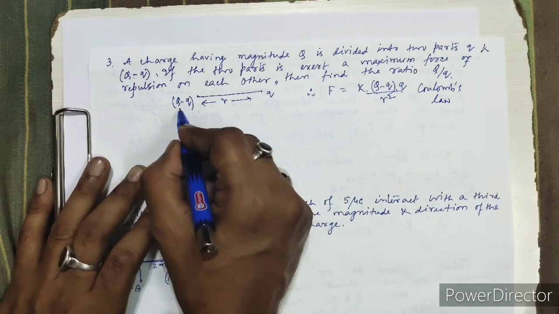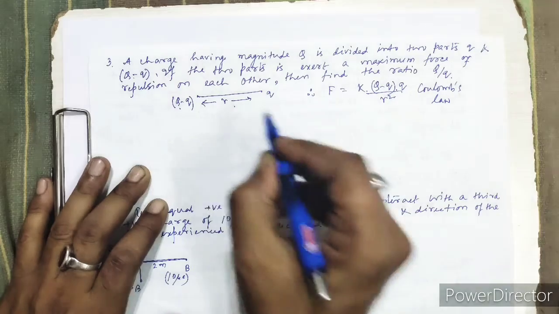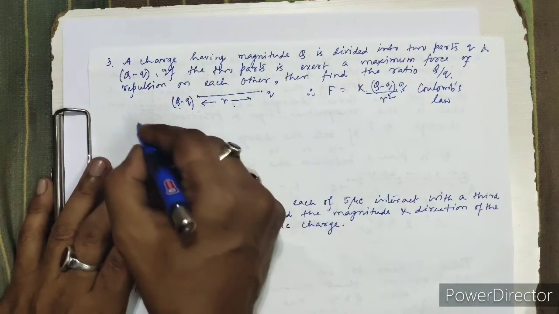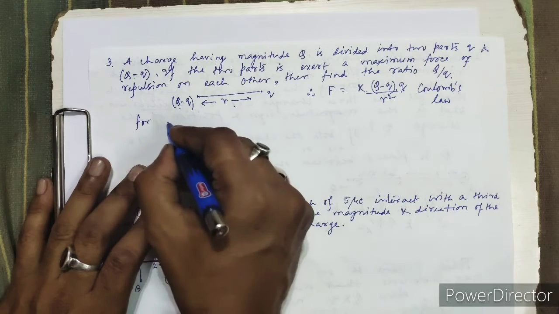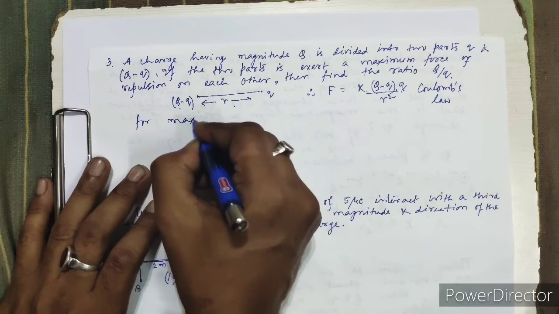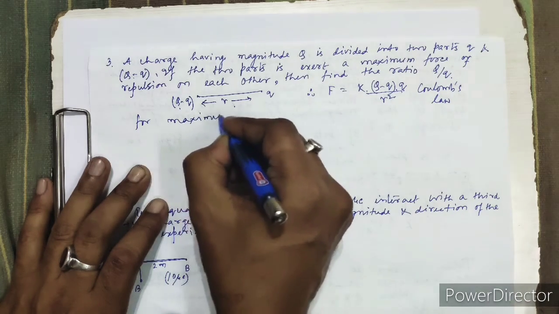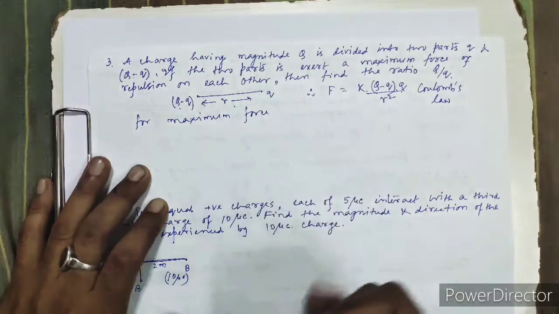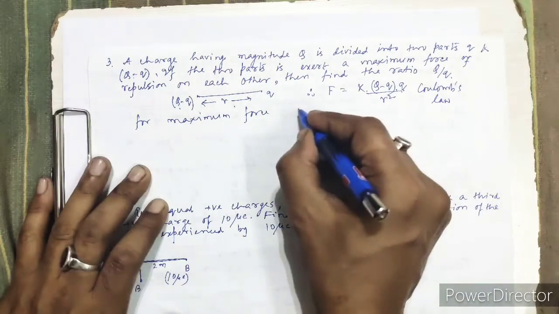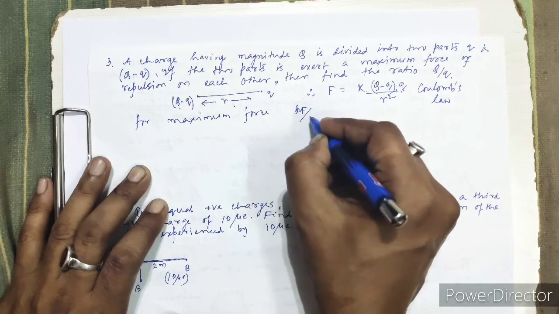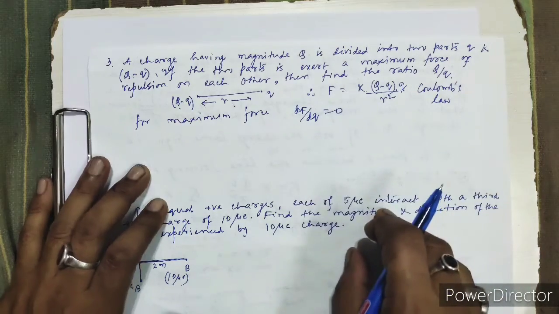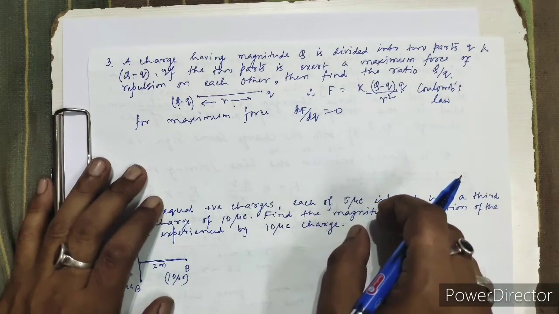Capital Q is constant, R is constant, then only the value of small q varies. For maximum force, dF by dq should be 0.